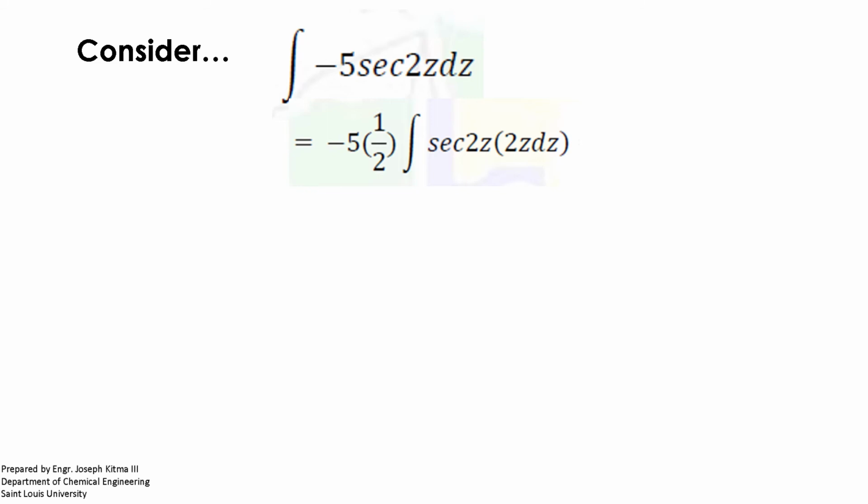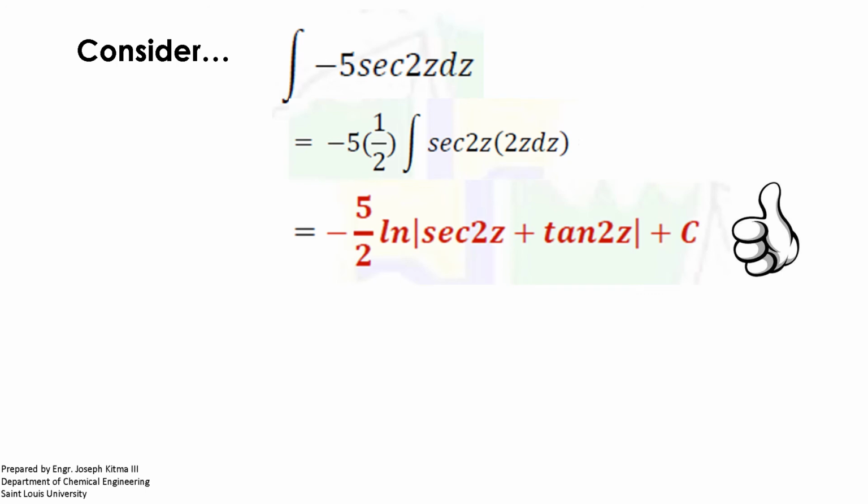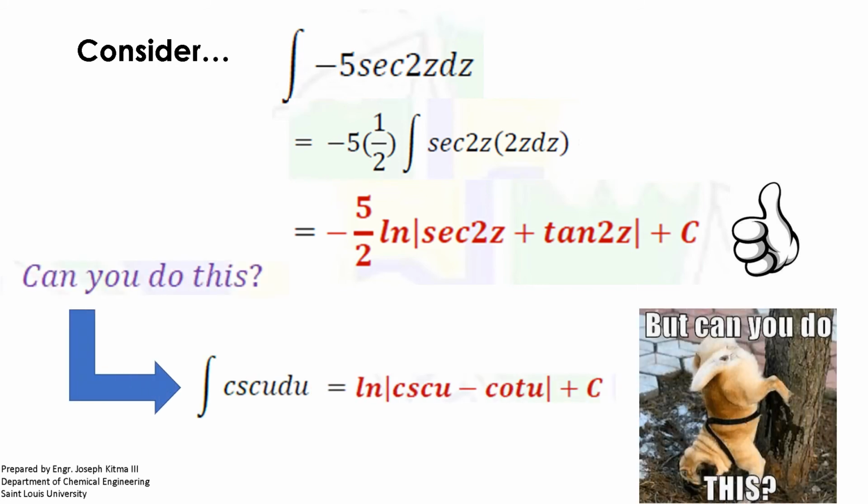But do not forget the given constant, which is negative 5. Applying the formula directly, we get the answer as negative 5 over 2 times the ln of secant 2z plus tangent 2z plus the arbitrary constant c. I believe you could also take the integral of cosecant u du, which is equivalent to the ln of cosecant u minus cotangent u plus c. I believe you can do this.